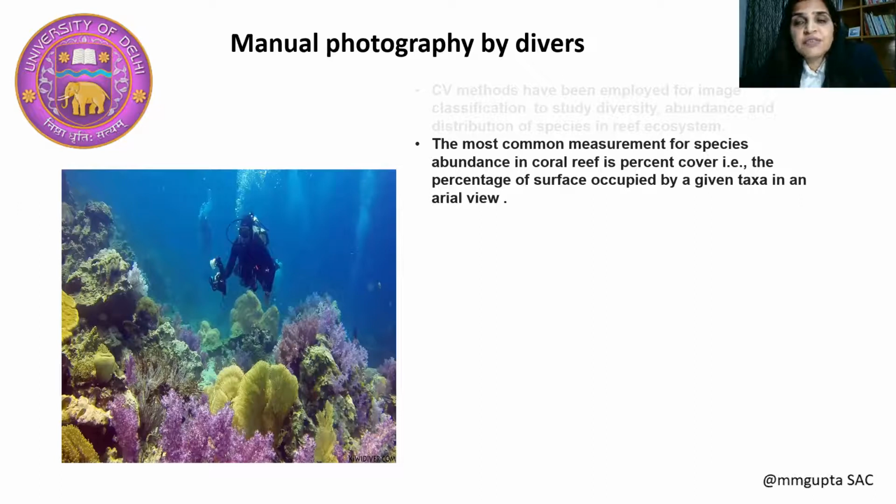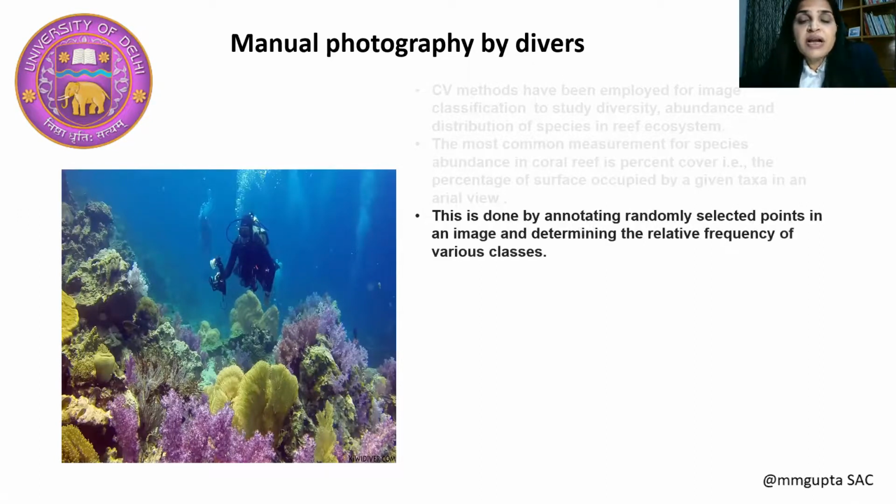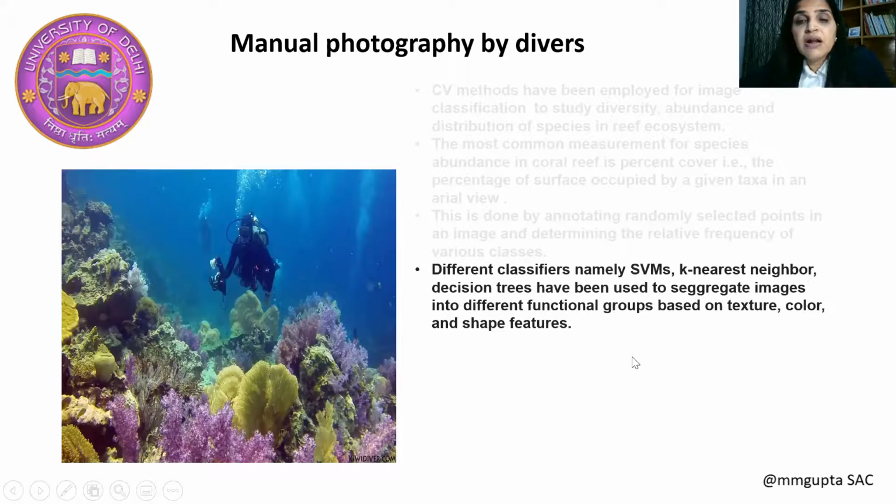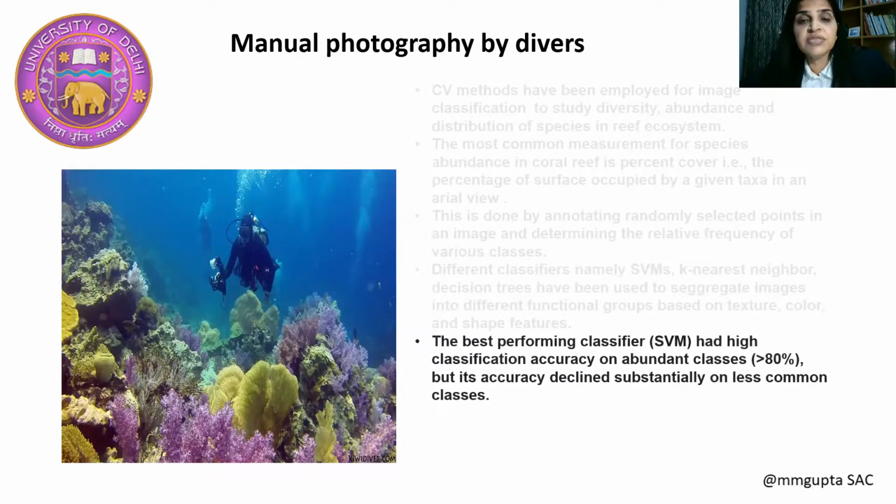So with the photographs, we know the percent cover occupied by a taxa in an aerial view. And then we annotate random points in this image, and determine the relative frequency of various classes. And different classifiers have been used for this purpose, SVMs, KNN, or maybe decision tree, to segregate images into different functional groups based on texture, color, and shape features.